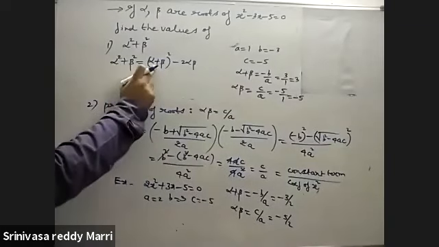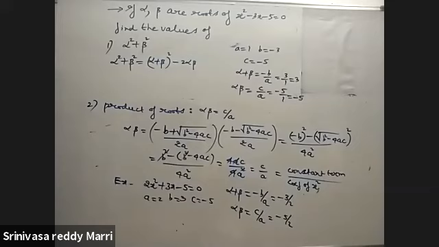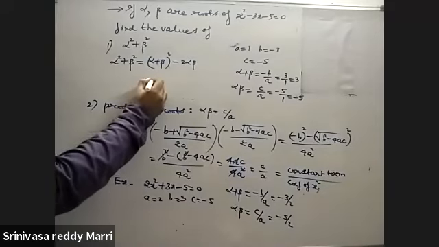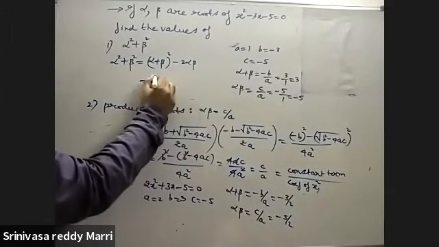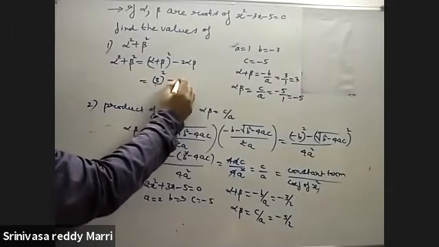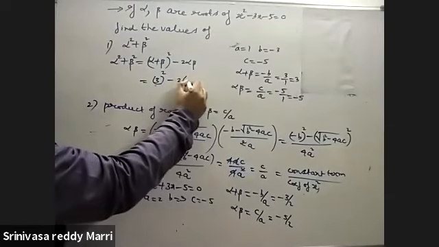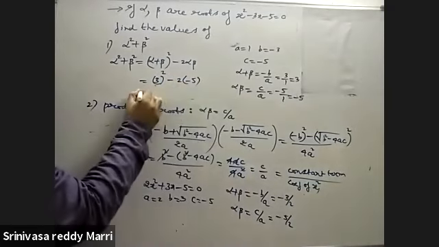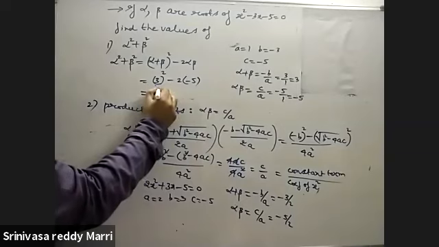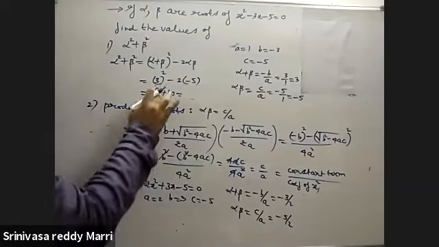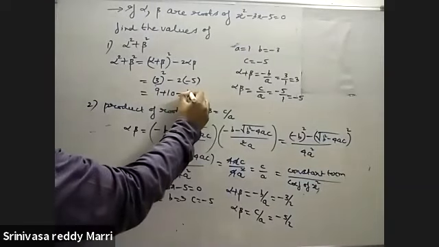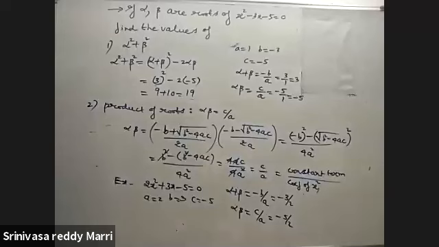What is alpha plus beta? 3 square minus 2 into minus 5. So that means 9 plus 10, which is 19. This is the value of alpha square plus beta square.